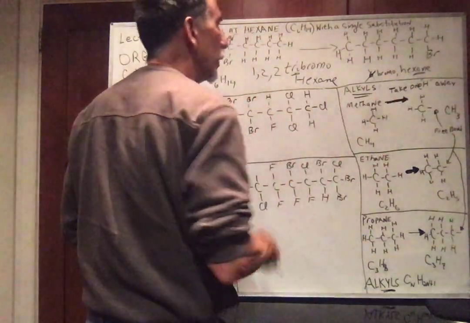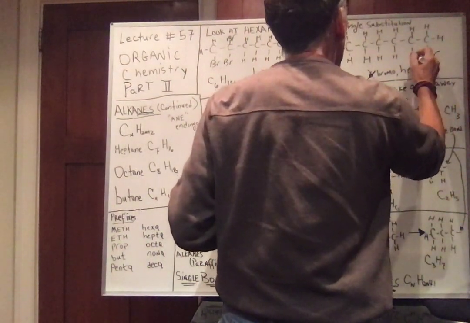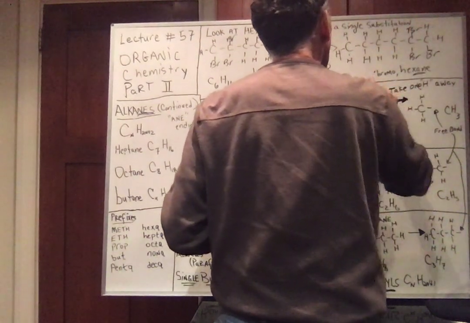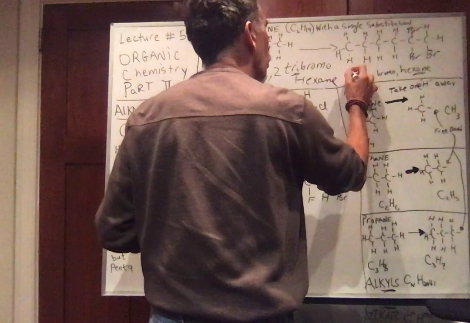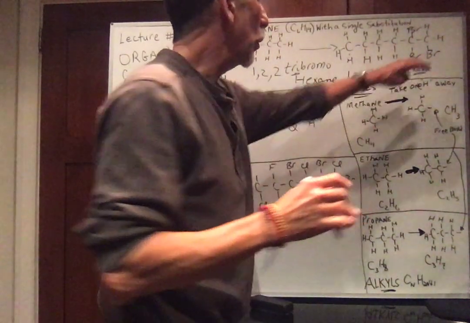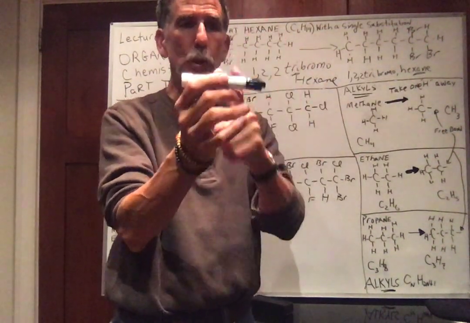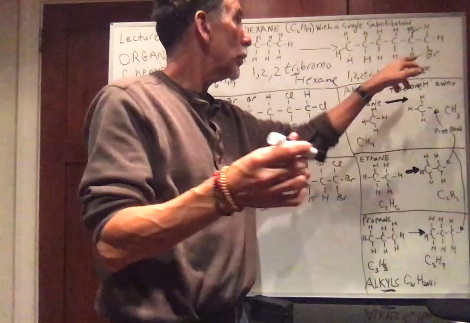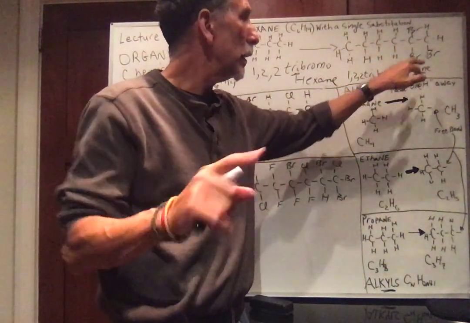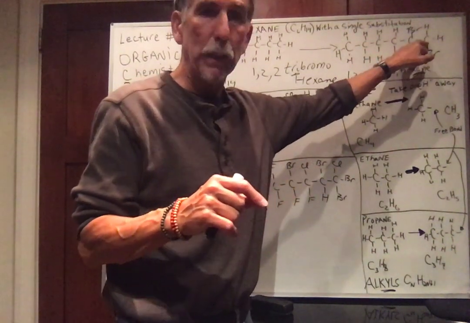If I started on the other end, bromine, bromine, bromine there, that again would be 1, 2, 2, tribromo, because now they're on the other side. So if this is my molecule, I have 1, 2, 2 from this side, not 5, 5, 6.